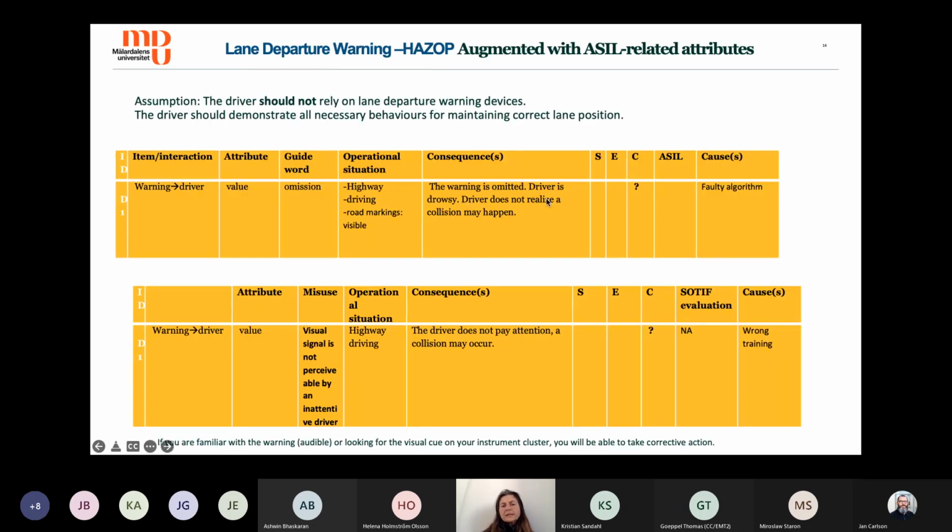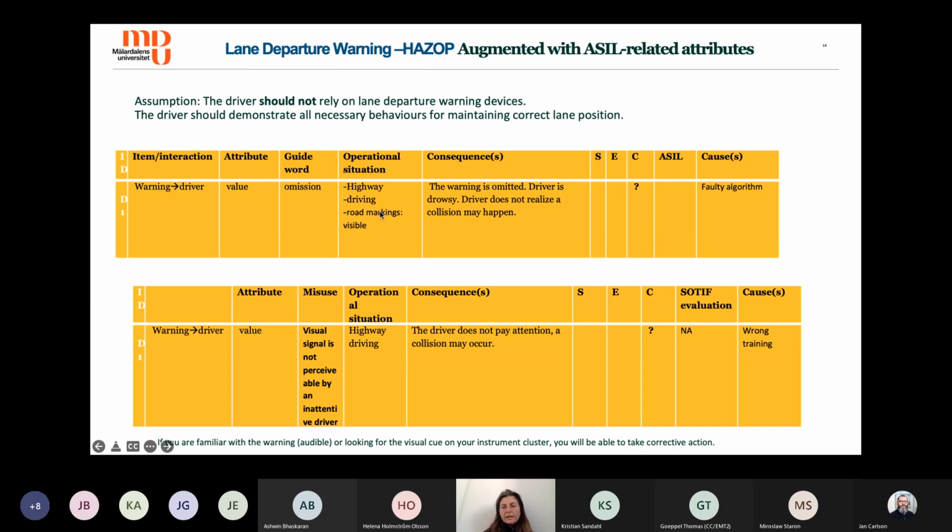Let's consider that we focus on the presence or absence of the warning, meaning that the warning is not provided and you have an omission, despite the fact that you are on the highway.